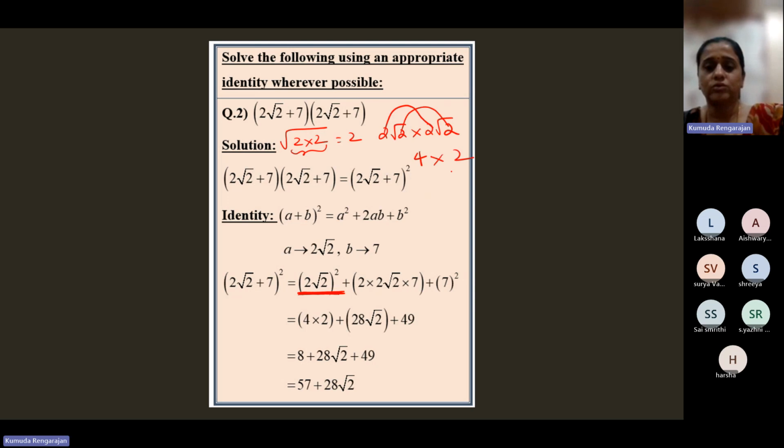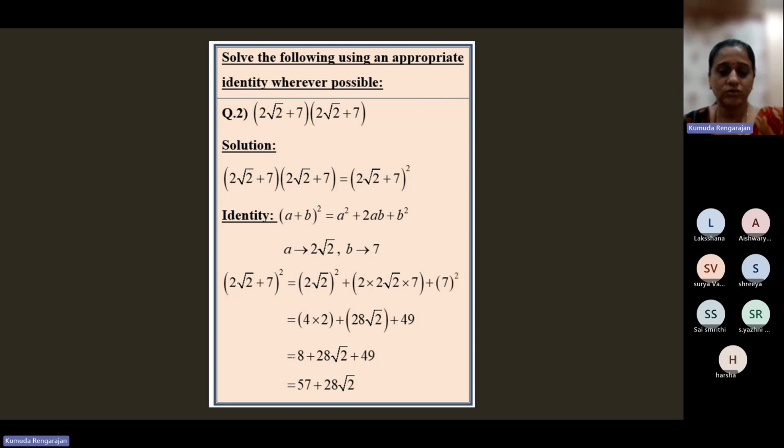So 4 into 2, which is 8. That's what you see here, 8. And this one is 2 into 2, 4. 4 sevens are 28. 28 root 2. 7 squared, 49. 8 and 49 is 57, plus 28 root 2.